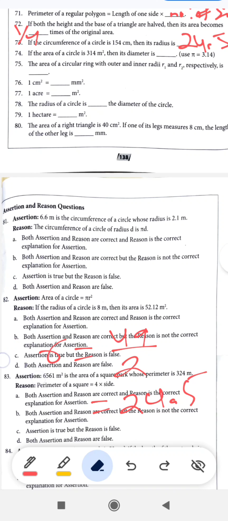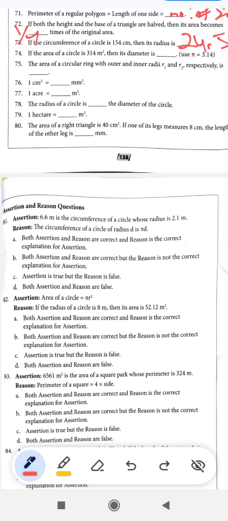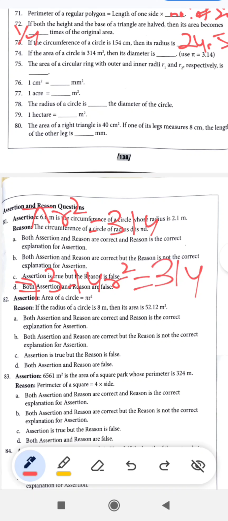Okay, now the next question. If the area of a circle is 314 meter square, means pi r square is equal to 314 meter square, and also given to use pi is equal to 3.14, so 3.14 r square is equal to 314. Now 3.14 will be divided that side, or we know that 3.14 is equal to 314 by 100.